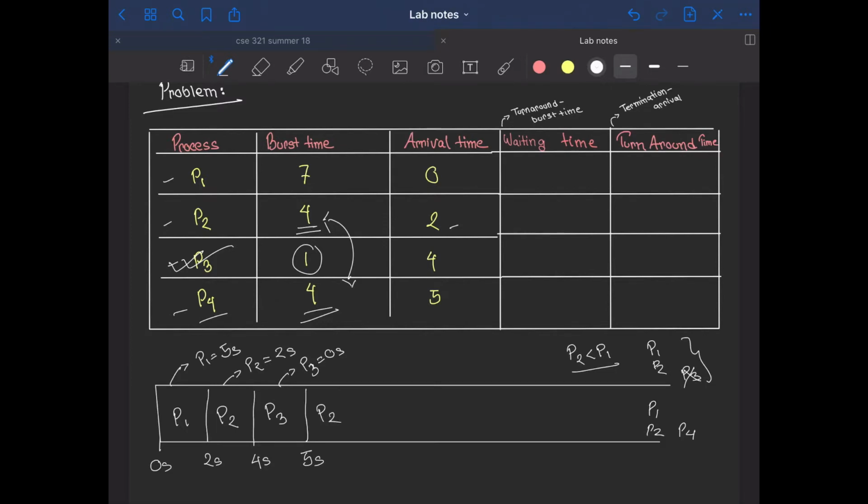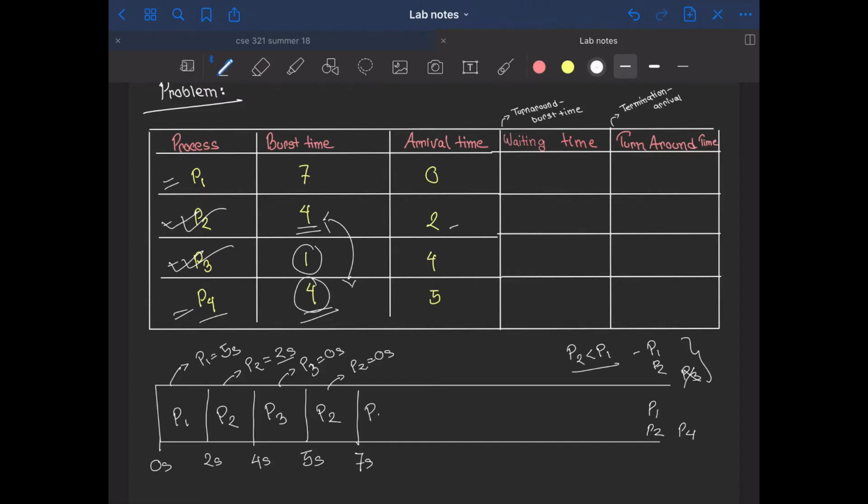So P2 gets the CPU, P2 had 2 seconds of work left, so P2 works for 2 seconds, and P2 is now at 0 seconds. At the 7th second we have only P1 and P4, and among P1 and P4, P4 has the smallest burst time, which is 4.